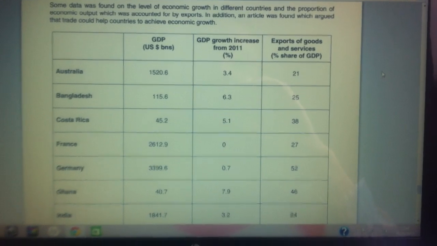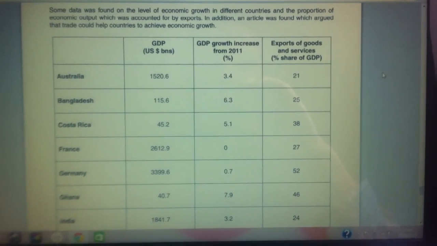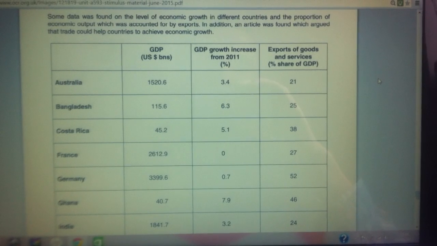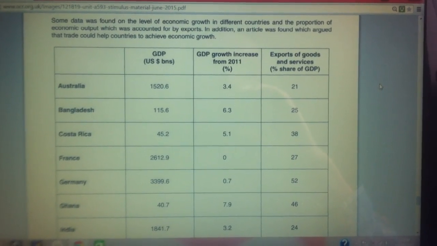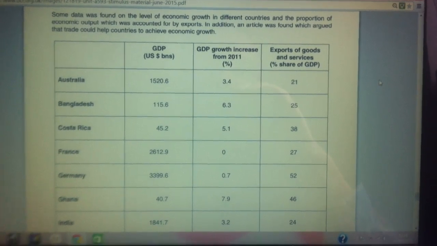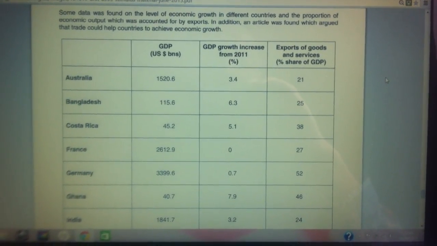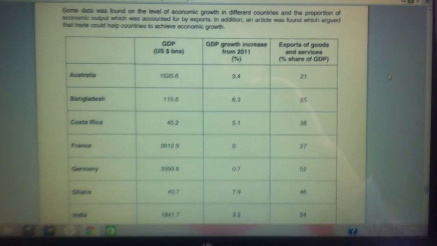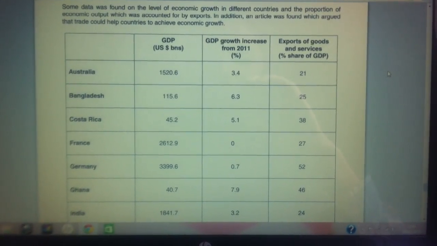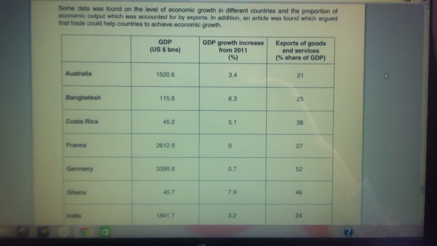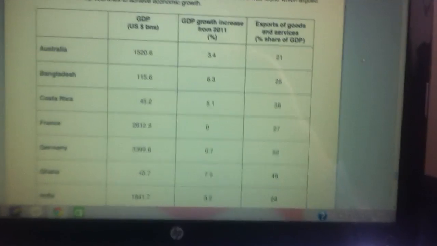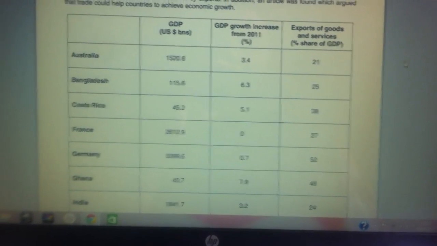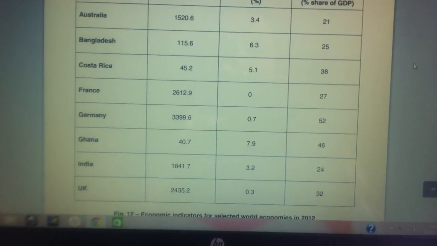I'm not sure if you're aware of the aggregate demand equation, C plus I plus G plus X minus M, so it's consumption plus investment plus government spending plus X minus M, so it's net exports. And it's interesting that for a country like Ghana, 46% of its growth is coming from the exports of its goods and services. Now, I think you then have to question, well, who will they be exporting to? They'll probably be exporting to the developed world.